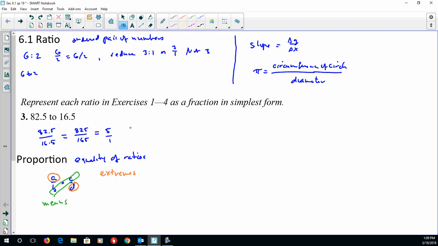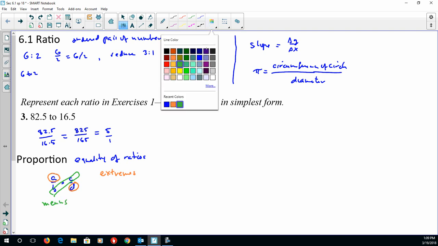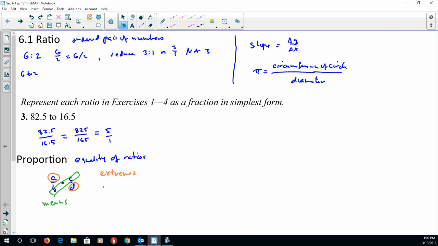Now that's really rather artificial because this is just an equation, so I could certainly rewrite it as C over D equals A over B, and now the extremes are B and C, and the means are A and D. So it just kind of depends on how it's set up here. But that's somewhat old-fashioned notation. The book uses it a lot, though.